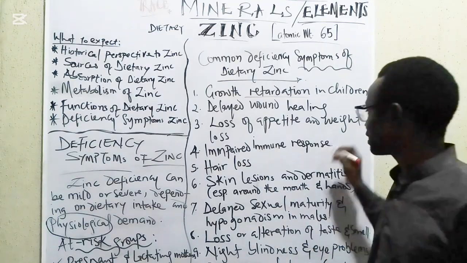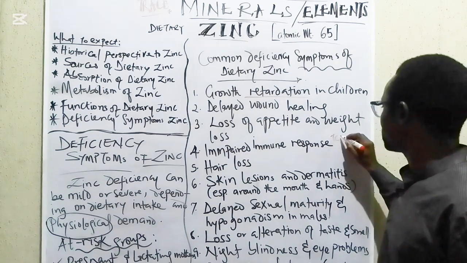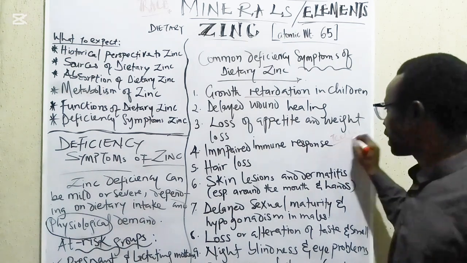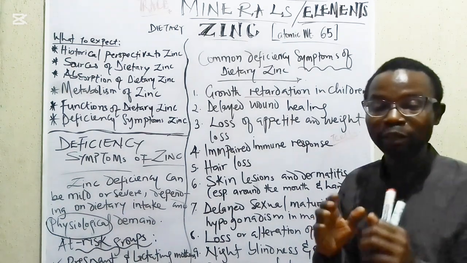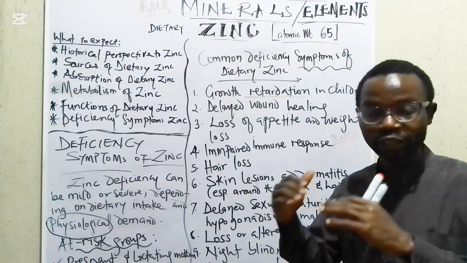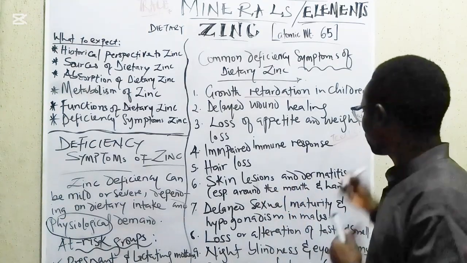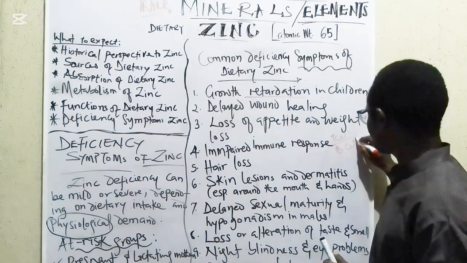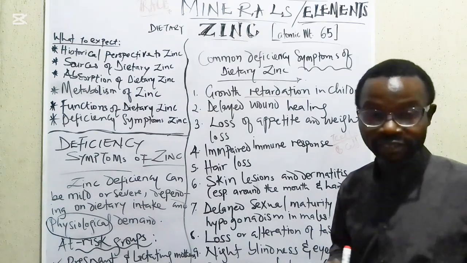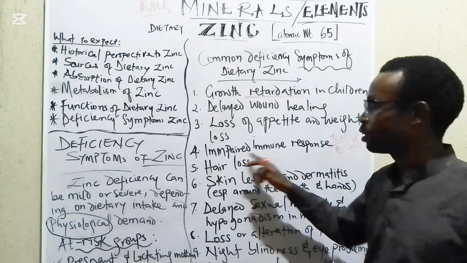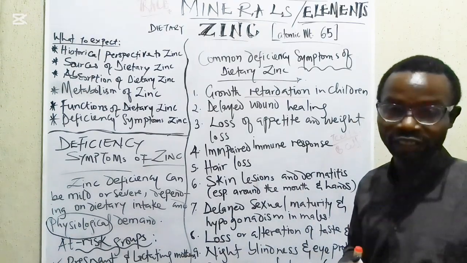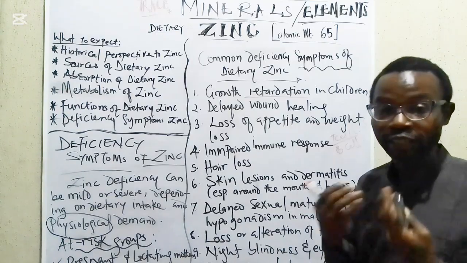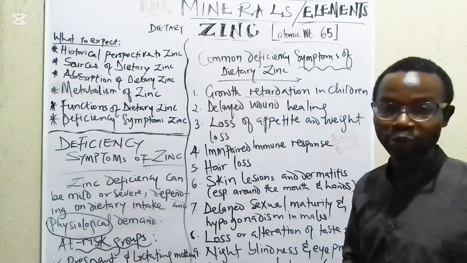Certain cells like the T cells that help protect breakages in the skin, and also B cells and the NK cells are actually controlled by the presence of zinc in the food that is consumed and absorbed in the body.